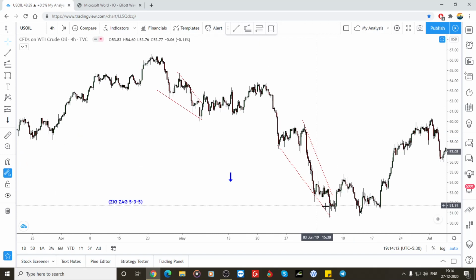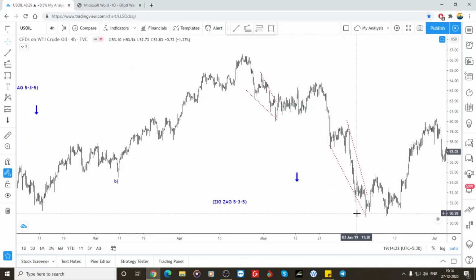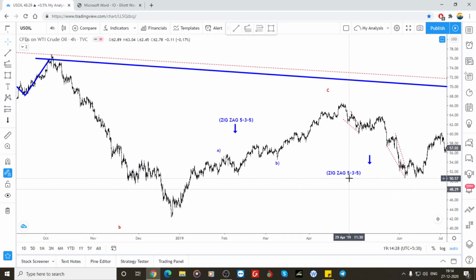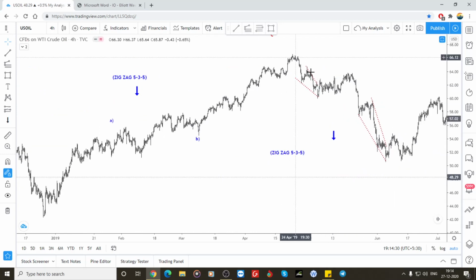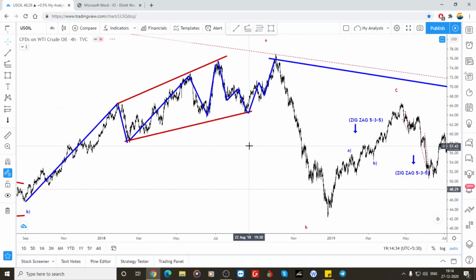So 4 here is a triangle, and the fifth wave came down, and here also it's looking like a leading diagonal. So A, B, 1, 2, 3, 4, 5. So A, B and C is completed. If you draw like this, it catches your eye and our mind will calculate what will be there. So like this you have to practice.